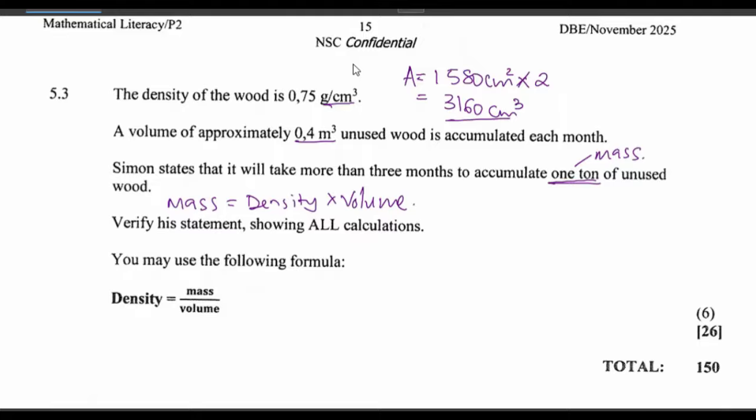Okay, now we are continuing. We are looking for the ton, mass. What we're going to do, they are telling us the volume of approximately 0.4 meters cubed of unused wood is accumulated each month.